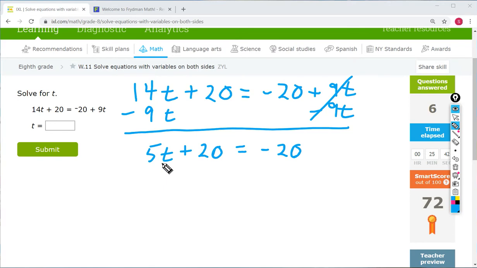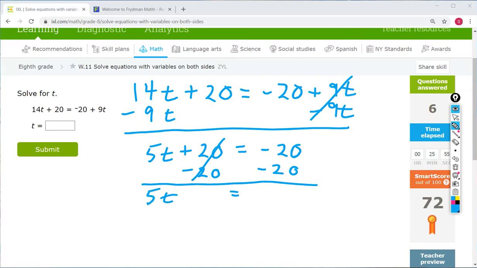Now I want to get the t by itself. I'll subtract 20. And I have to do the same thing on the other side also. So that cancels 5t. Same symbols, add, and keep the symbol.